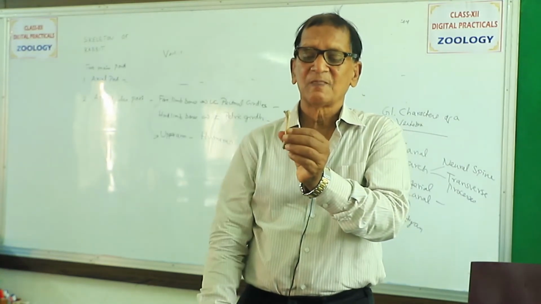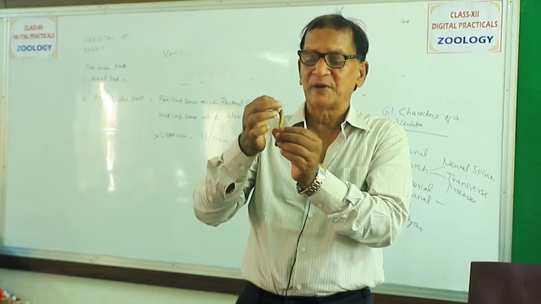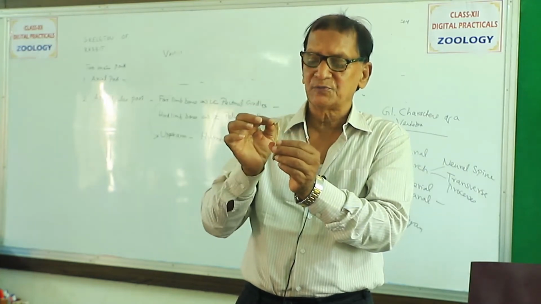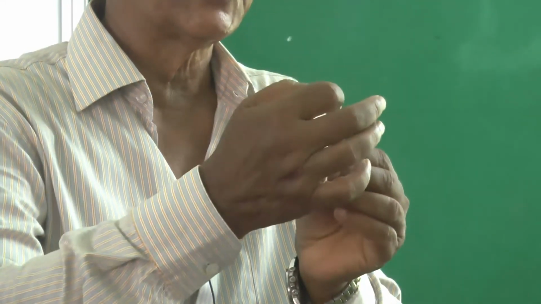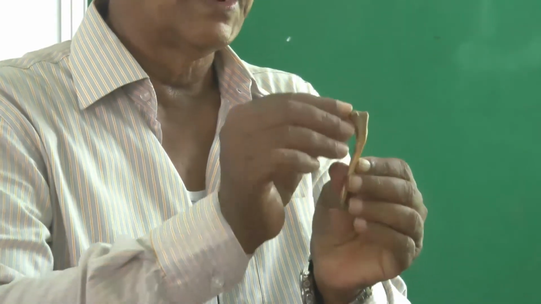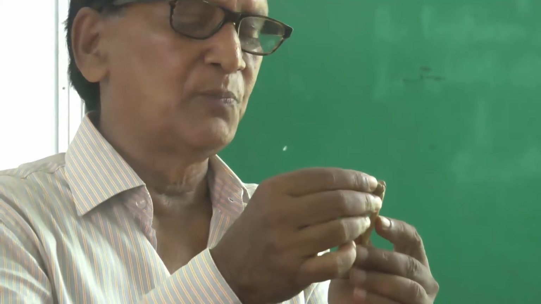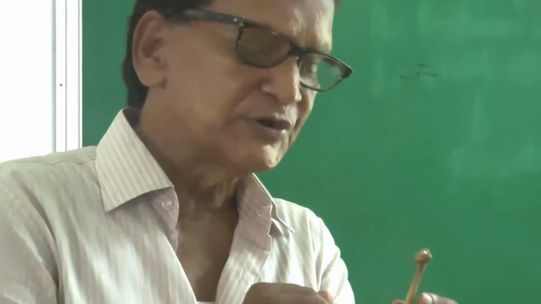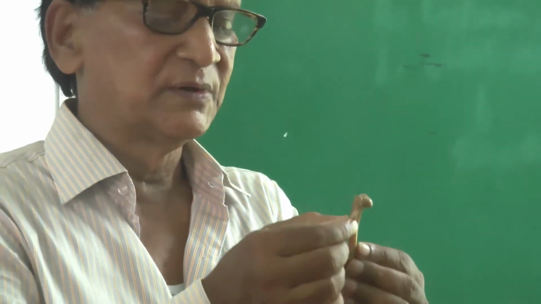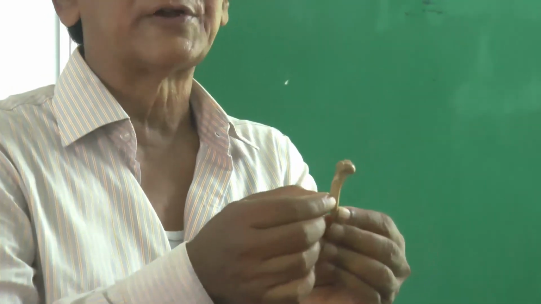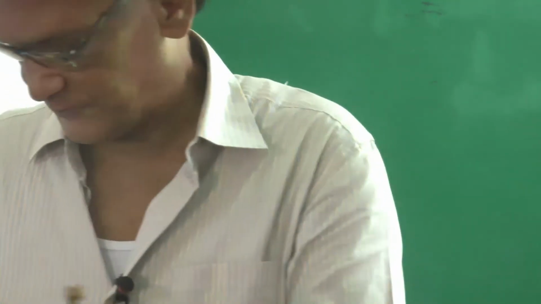So this is the bicipital groove. This is the greater tuberosity, lesser tuberosity, in which there is the bicipital groove, and this is the head. And below the head, on the opposite side, there is a projection that is called the deltoid ridge.